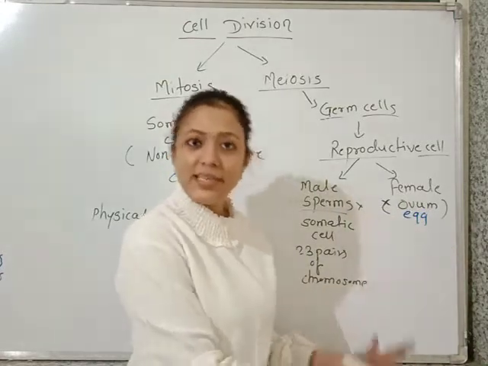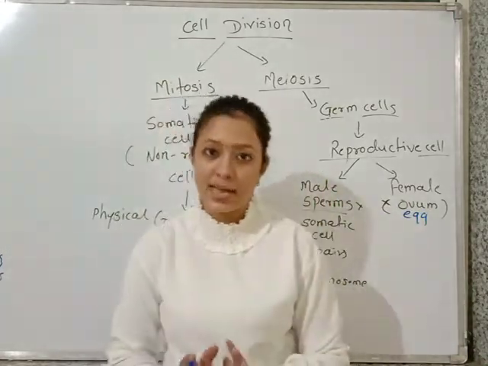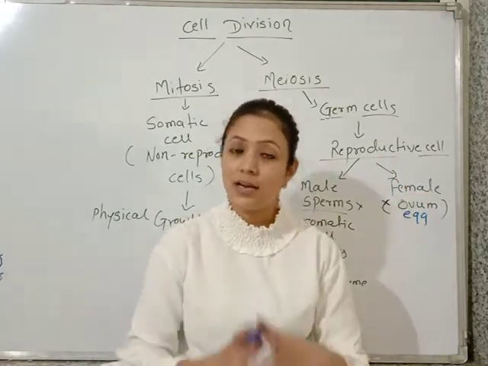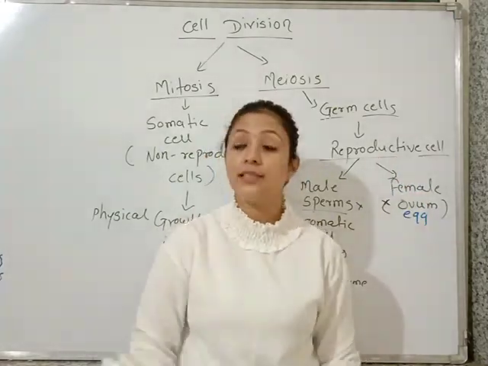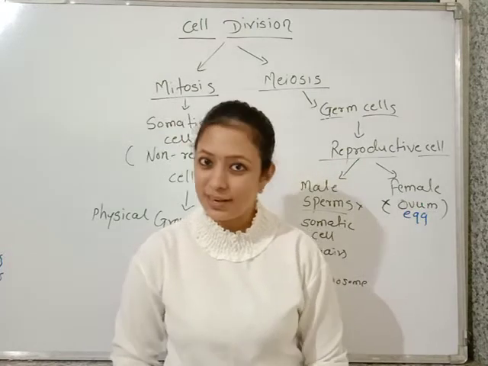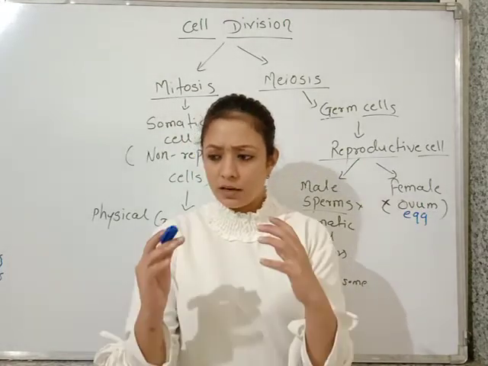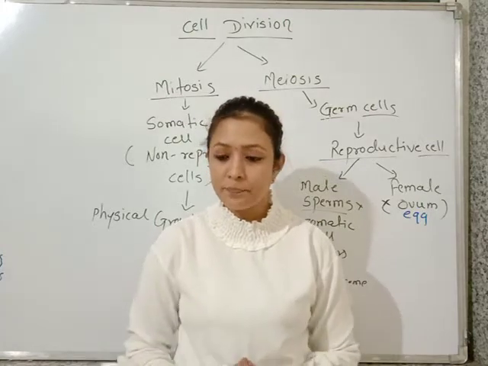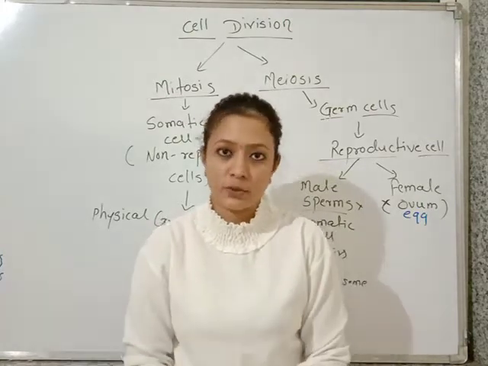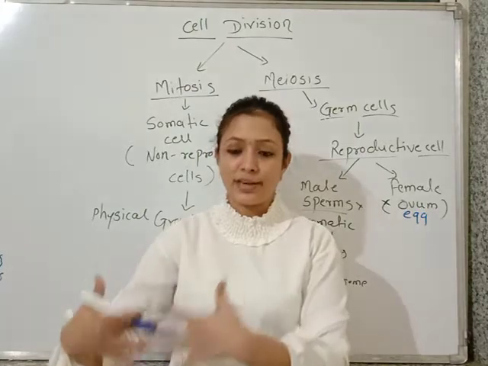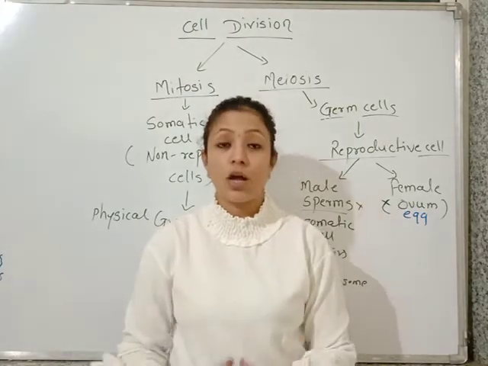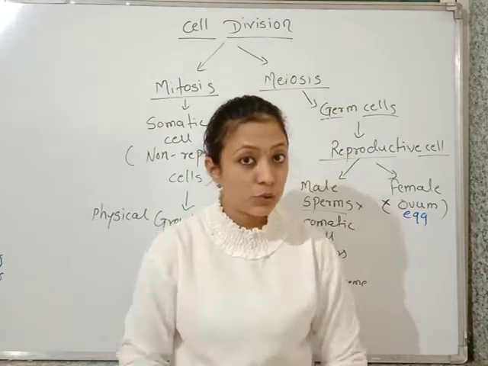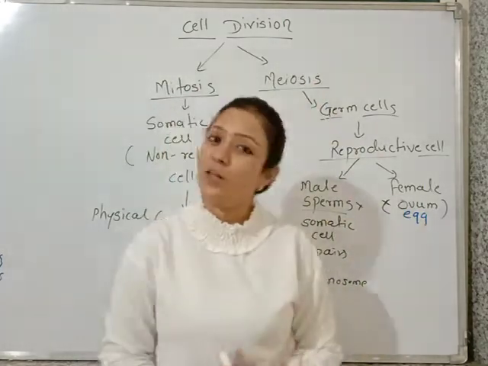It doesn't mean it happens only in animals. Meiosis occurs in the plant body as well as in multicellular fungi. Now suppose there is a human being or any animal, that organism reproduces, and from one generation to another generation the chromosome number remains constant. It is due to the process of meiosis.